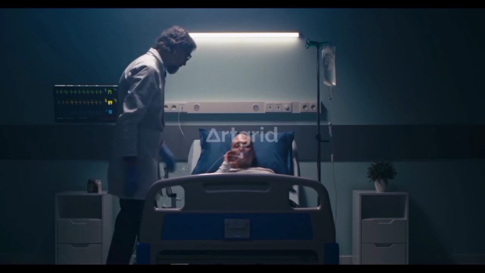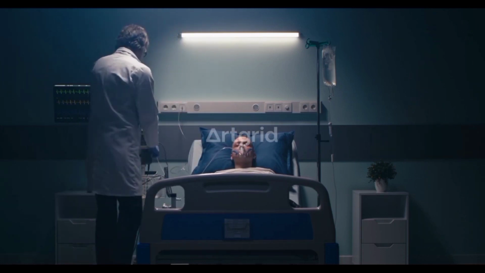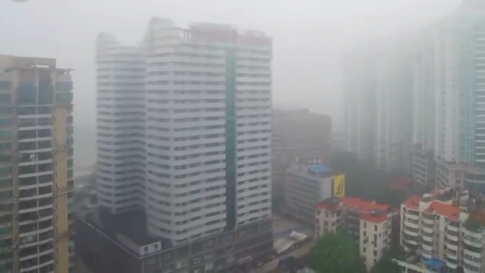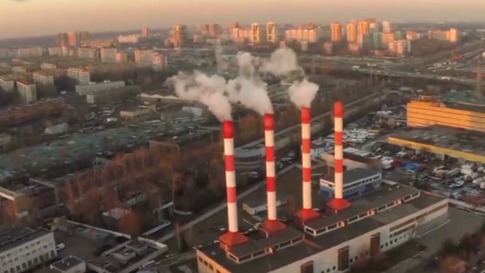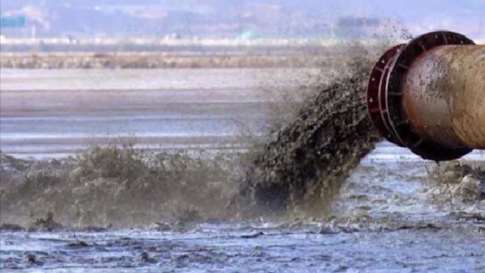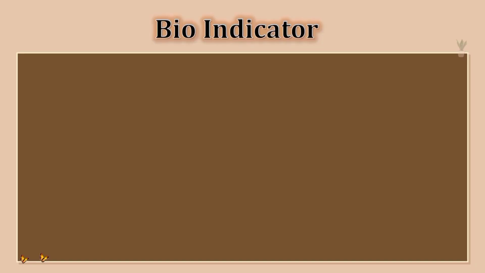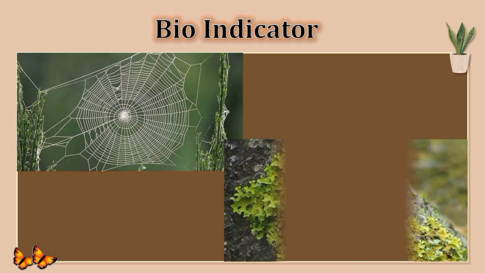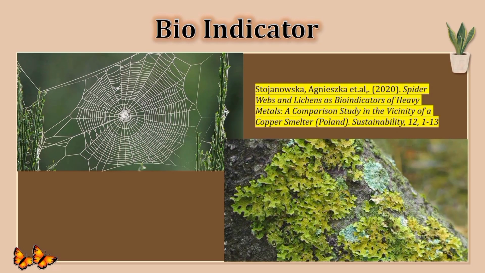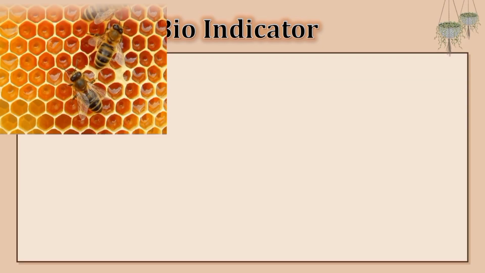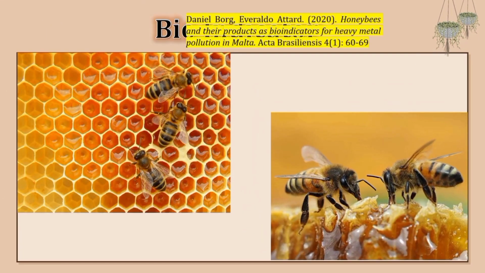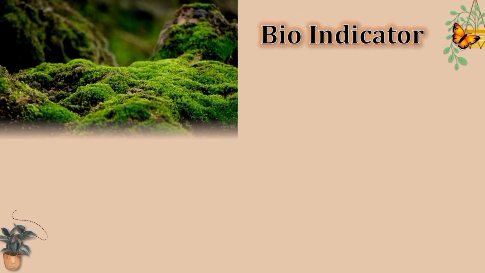To avoid the danger it causes, indicators are needed to find out whether an environment is polluted by hazardous metals. Natural indicators that can be used to detect the presence of hazardous metals in the environment include spider web and lichen, and then honeybees and their products.